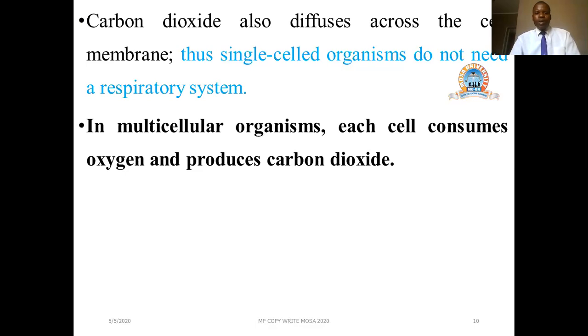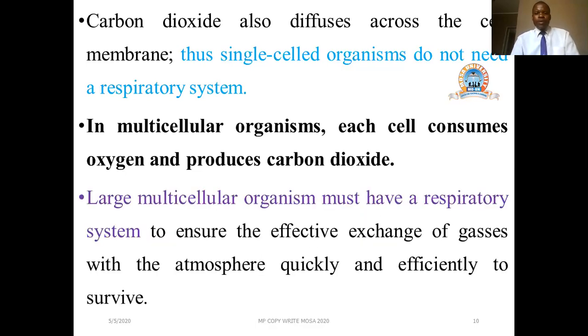In multicellular organisms, each cell consumes oxygen and produces carbon dioxide. So that is the difference. Oxygen will be able to diffuse across the cell membrane, and carbon dioxide will as well.